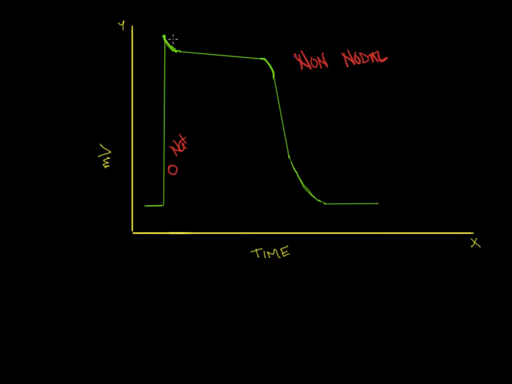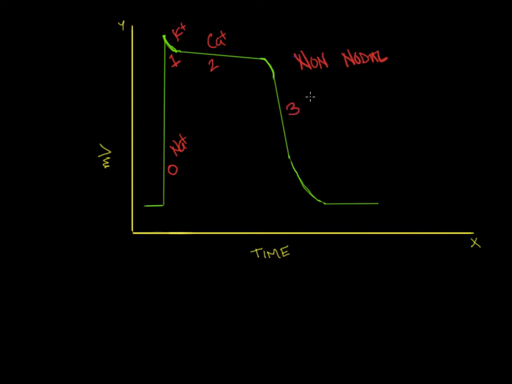And that brings us all the way up here to this short little dip, which would be phase 1. Phase 1 is the opening of potassium channels. Now these potassium channels remain open, but we get this nice plateau because it is balanced out here in phase 2 by the opening of calcium channels.